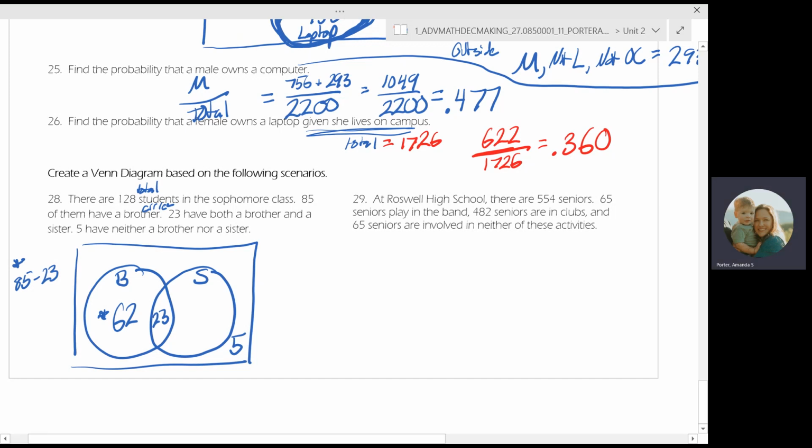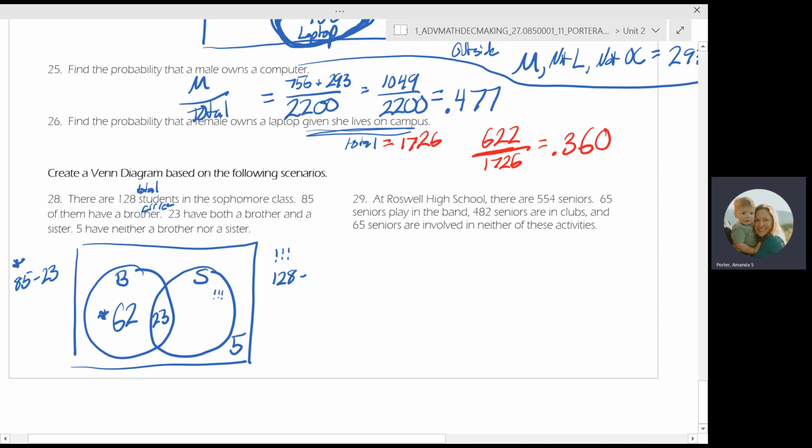We also know the grand total of the whole thing. So we'll put another little symbol. The grand total of the whole thing is 128.